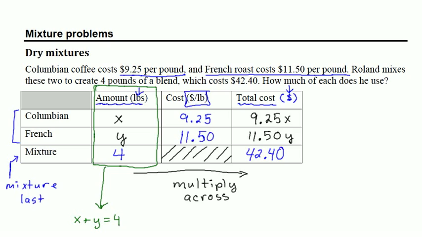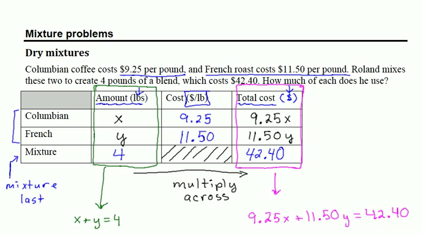And then looking at our total cost, it's also true that the total amount of money spent on each Colombian and French should add up to the total amount spent on the mixture. So this gives us the equation 9.25x plus 11.50y equals 42.40. And this is our two equations in two variables.